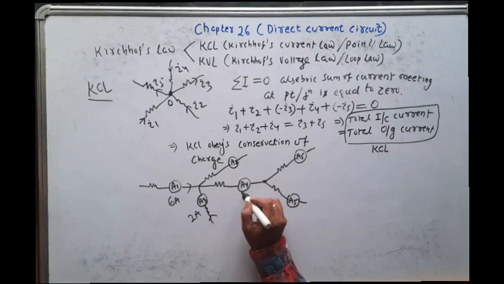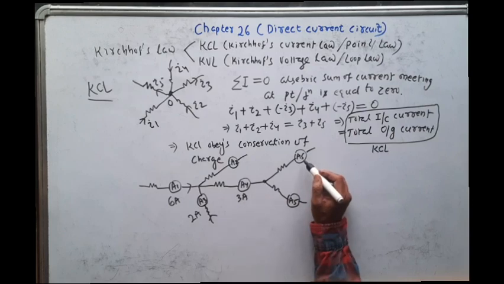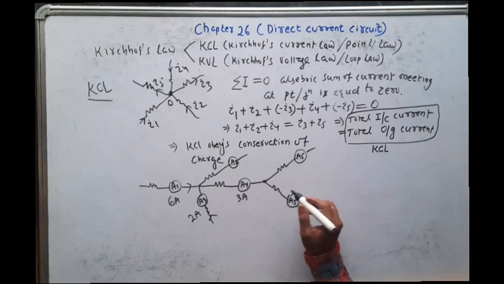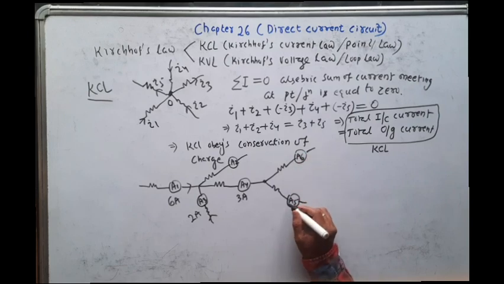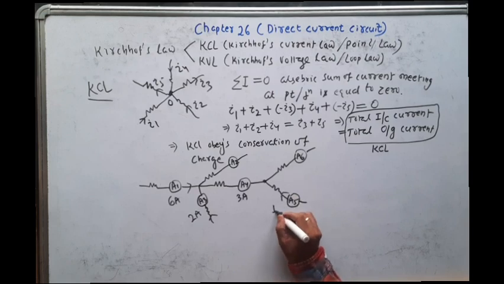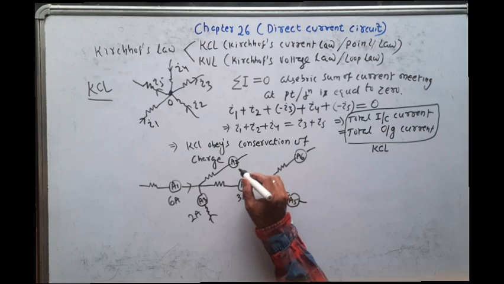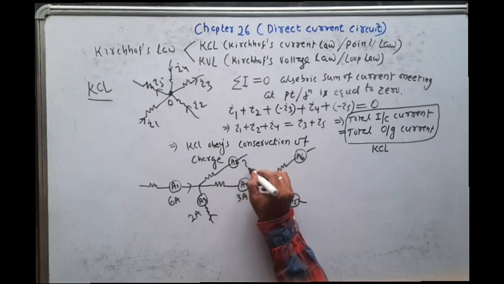This ammeter is reading 3 ampere. And this ammeter A5 shows 1 ampere current. Then the question is, what is the reading of this ammeter A2?